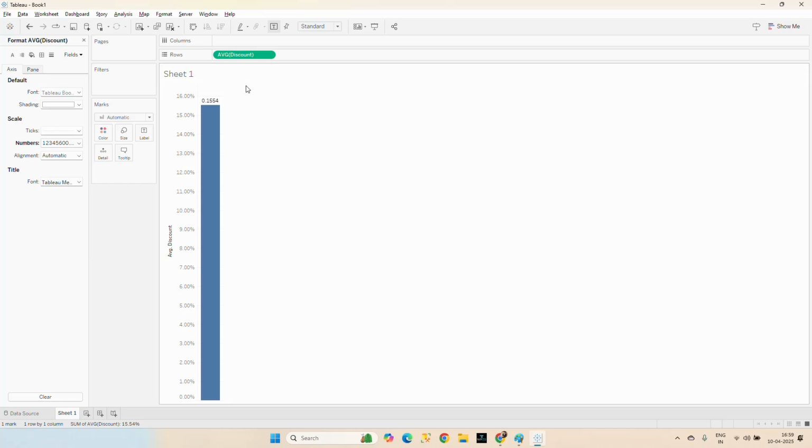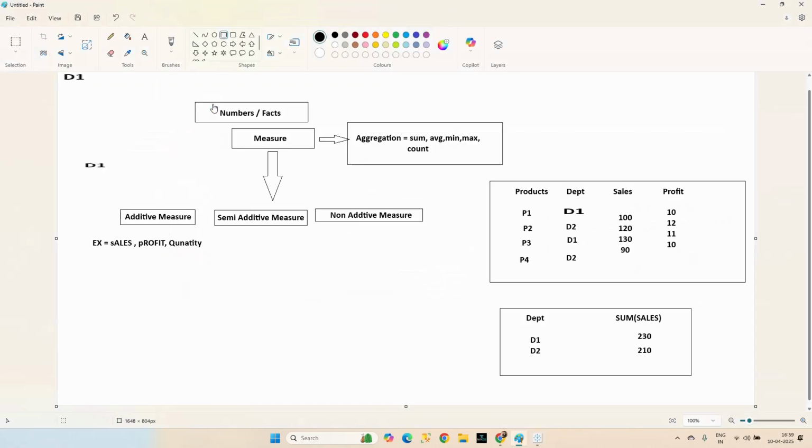Now we can get the percentage for 0.15: average discount 15.54. So this is giving meaningful output. So if you are applying aggregation on the semi-additive measure, it gives meaningful output only for some aggregations like average, minimum, maximum, but for sum we are not getting the meaningful output, right? Okay.